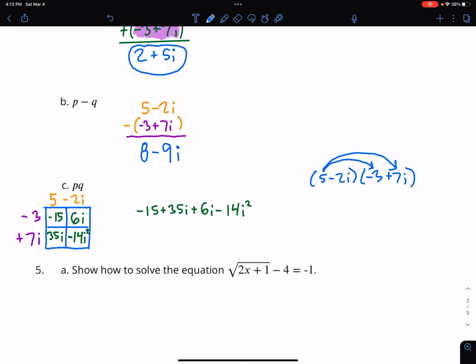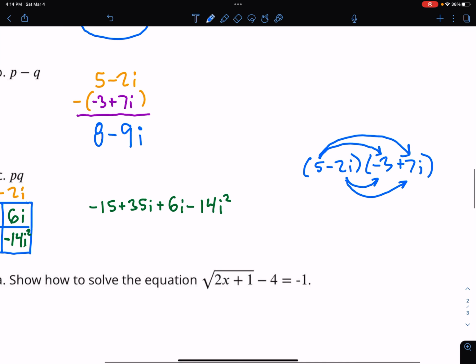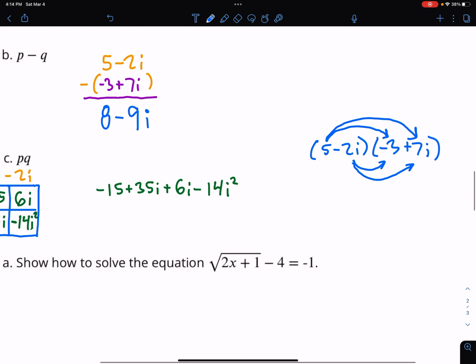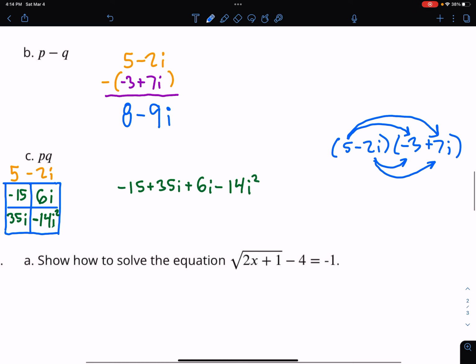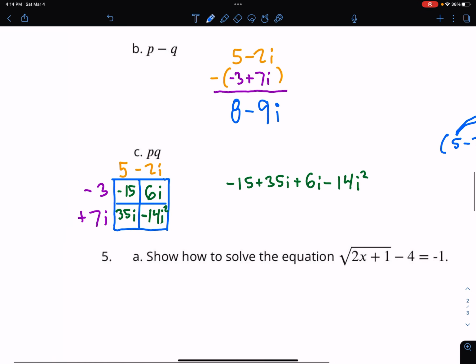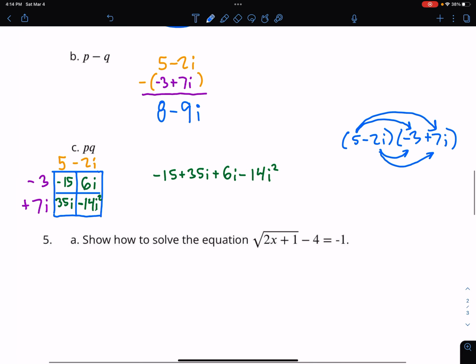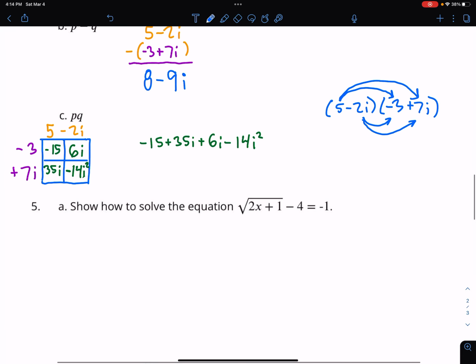And then you've got to remember to multiply the negative 2i times negative 3 to get positive 6i. And then multiply the negative 2i times the 7i. So if you're really good at that distributive property, and you remember that you've got to multiply 5 and negative 2i times both of those terms over there, go for it. Don't even use the square if you don't want to. But it's a useful tool to have to keep everything organized.